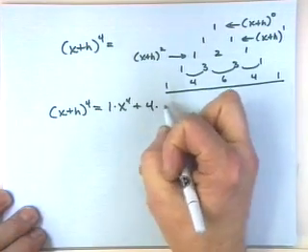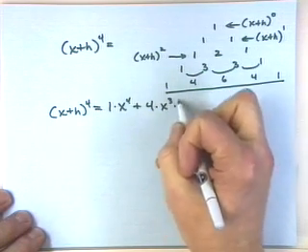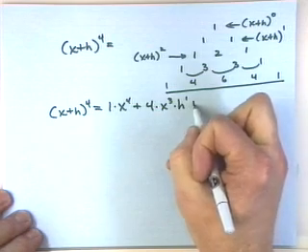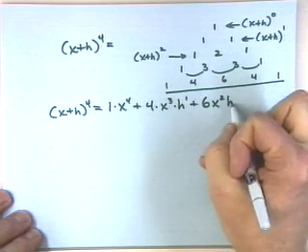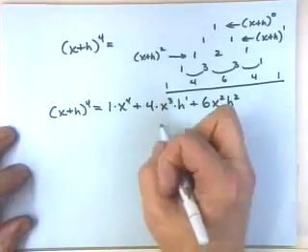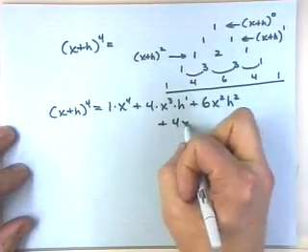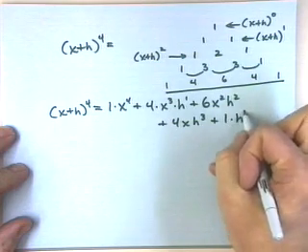Then we should have 4, power of x would be cubed, power of h would be to the first. 6 x squared h squared, right? The x's are descending, the h's are ascending, right? Plus 4x h cubed, and then 1h to the fourth.